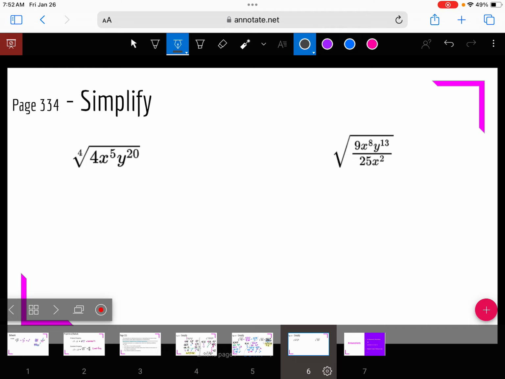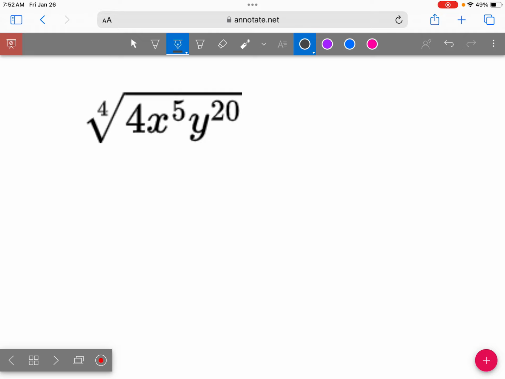No. It's not on my list of fourths. So let's put that to the side for now. How about x to the 5th? What are we going to get when we try and take the 4th root of x to the 5th?